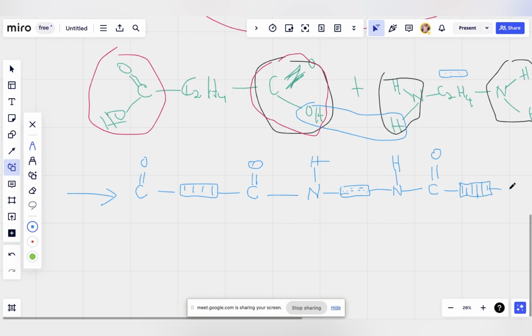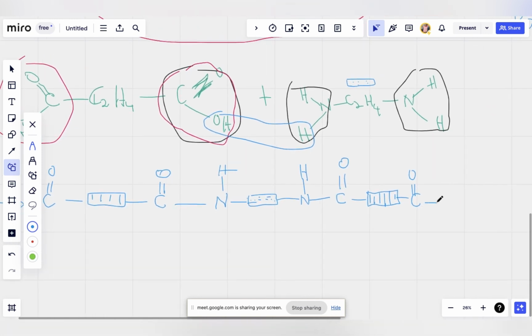And then it comes out with the C again, double bond to O, and then to N, single bond to H, then to your block for the other compound, the other monomer, which is amide, and then comes out again with N, single bond to H.